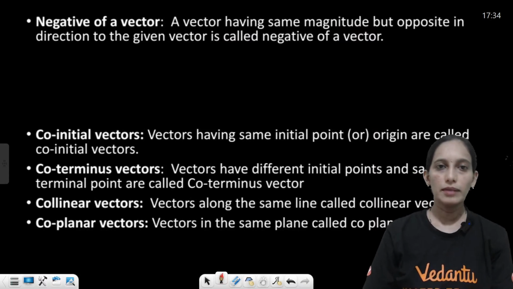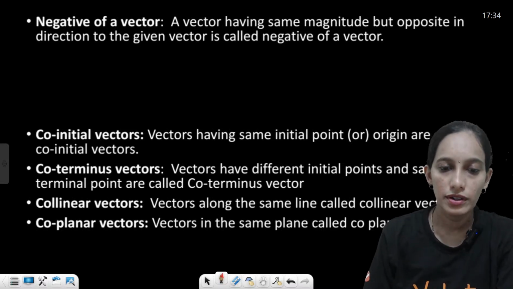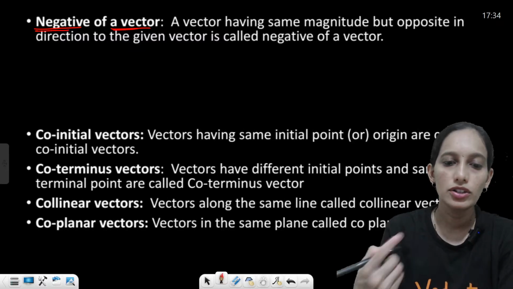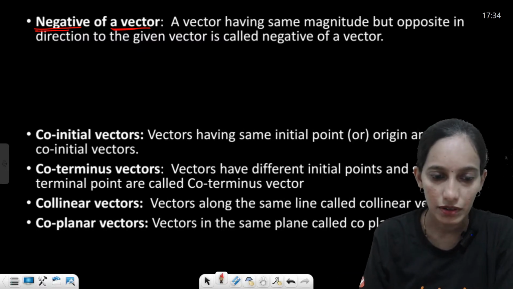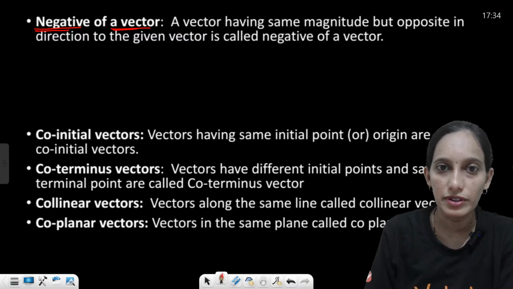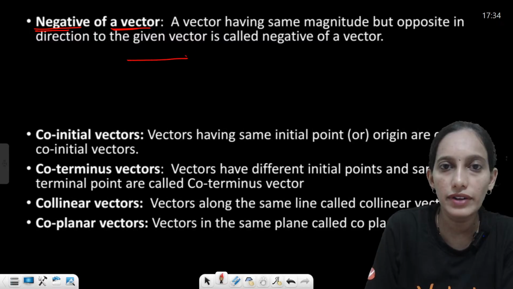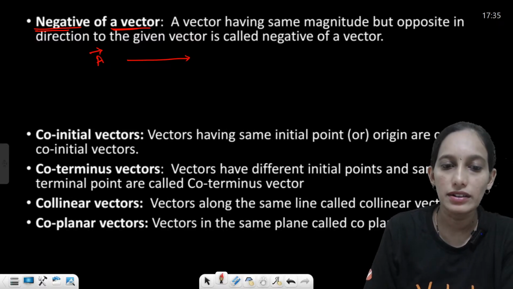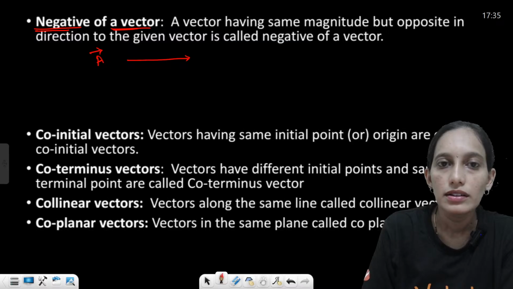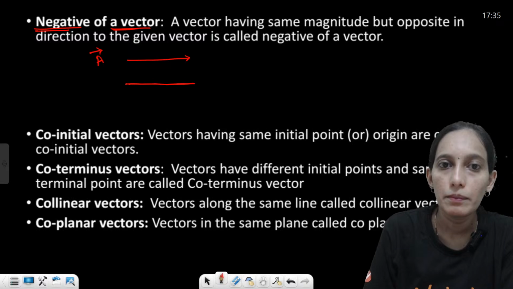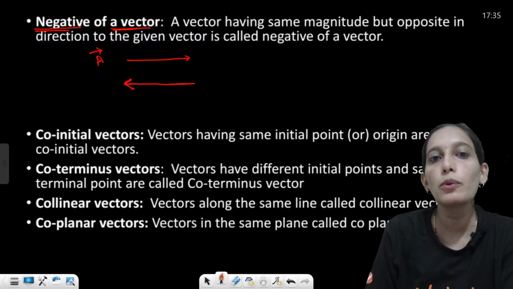Some other vectors which we will often use: the negative of a vector. This is important to learn. In order to understand subtraction and all, we need to know how to represent the negative of a vector. For example, I gave you a vector like this. Now the negative of a vector is going to have the same magnitude, the length of this line segment must be the same, but it will be acting in the opposite direction.